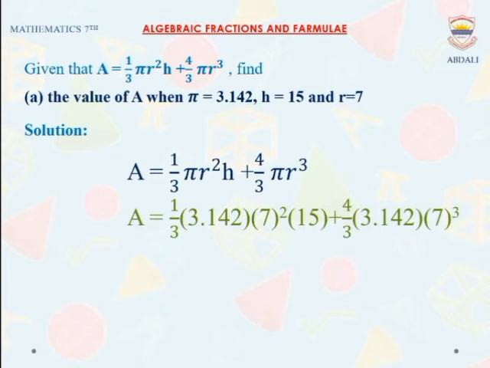So now we will simplify it. We will multiply 1 by 3 with 3.142 and 7 square and 15, and it will answer 769.79.